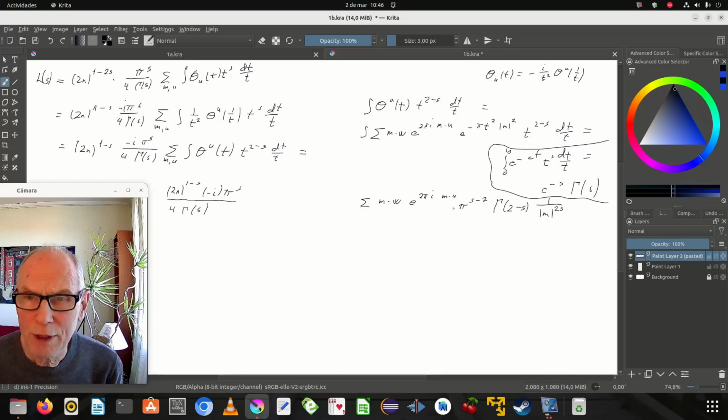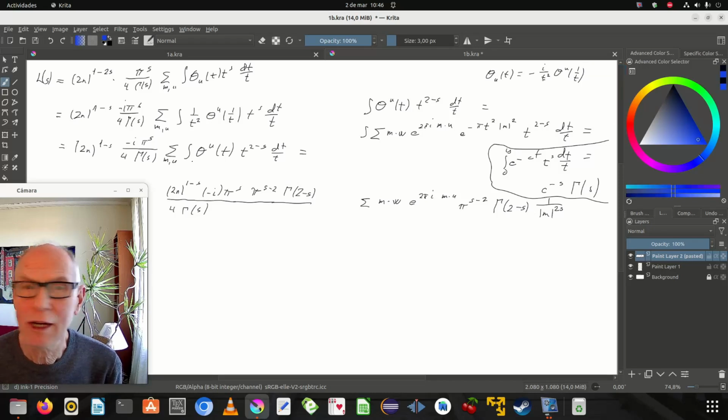And then from here we get pi to s minus 2, and gamma of 2 minus s.